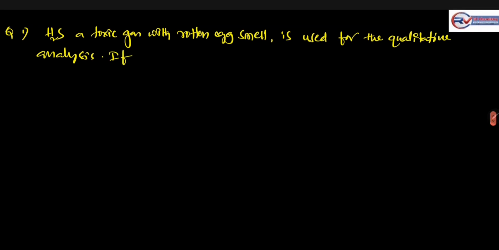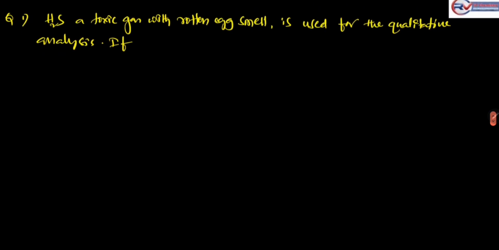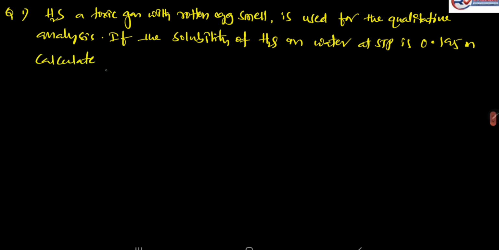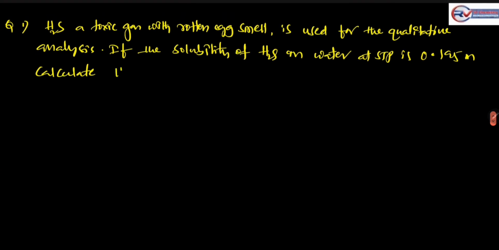If the solubility of H2S in water at STP is 0.195, calculate Henry's Law constant, means KH.